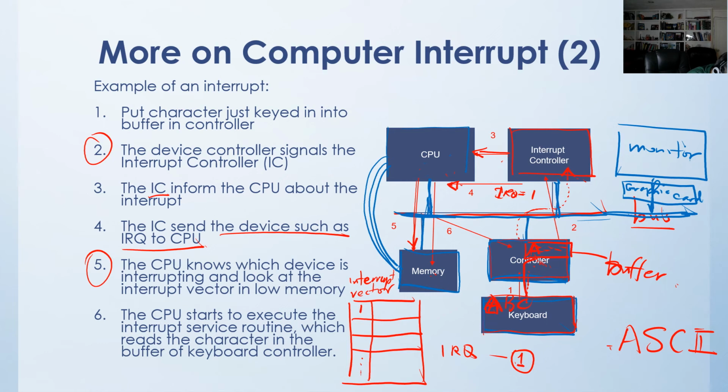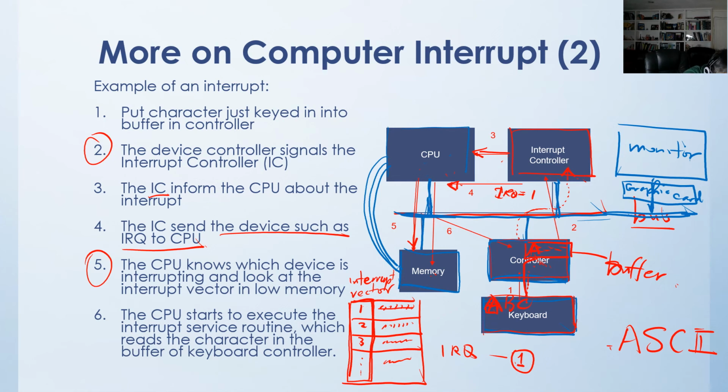One column stores the IRQ number, and the other is the memory address of the interrupt routine.